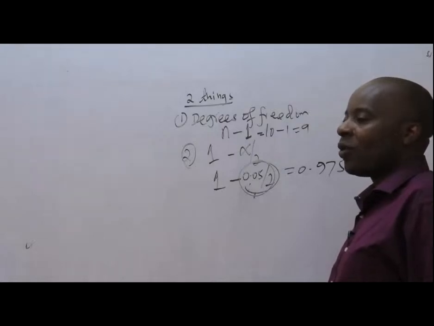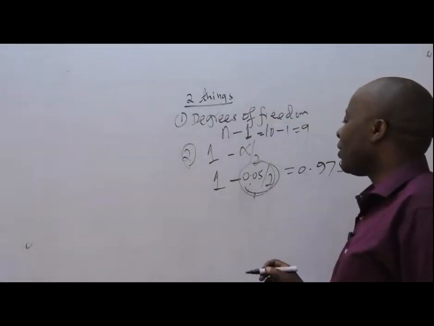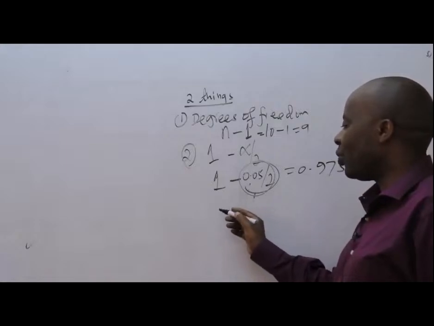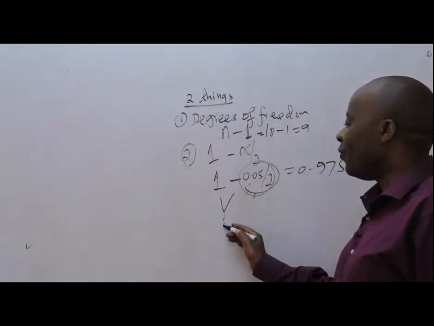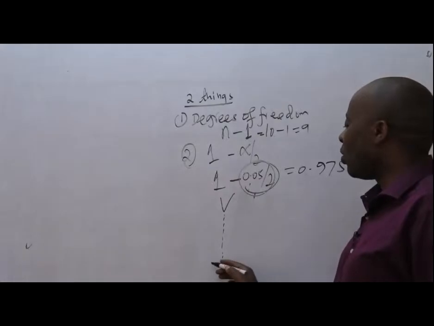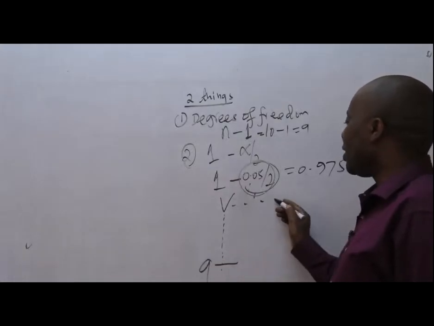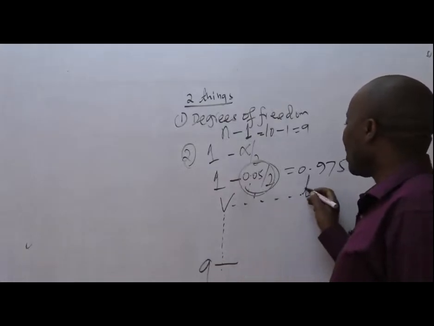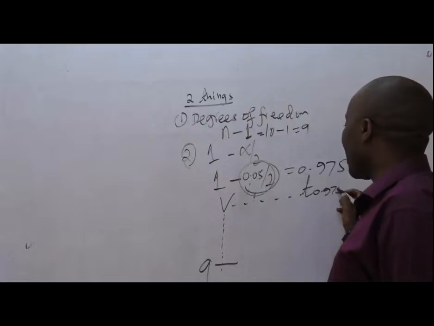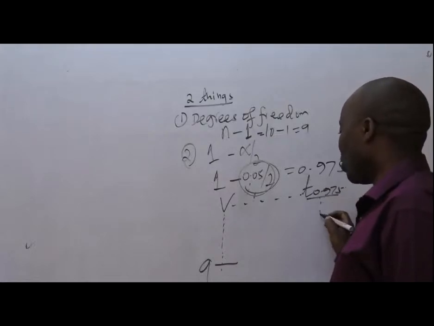Once I have that 0.975, I'll go to my T tables. On my T tables, I have V. So V, I'll go all the way up to 9. And then I have this column here that has T.975, you walk down with it.